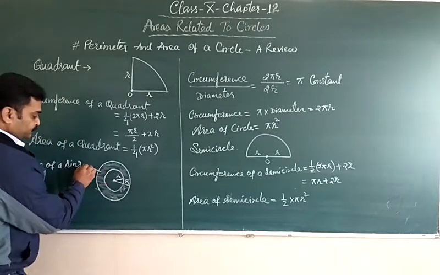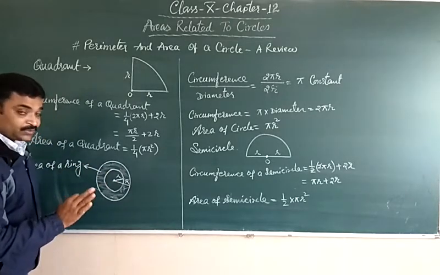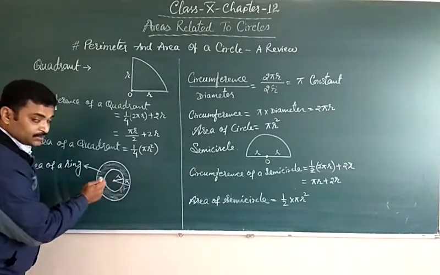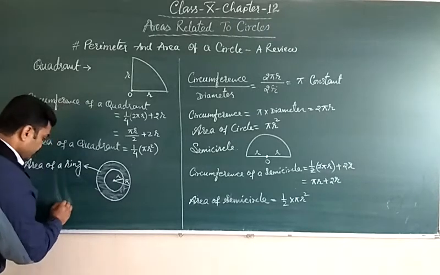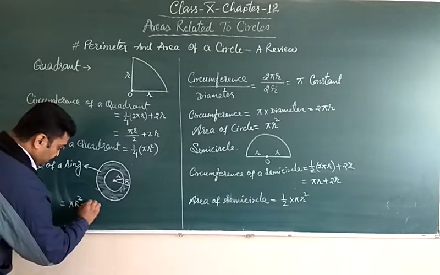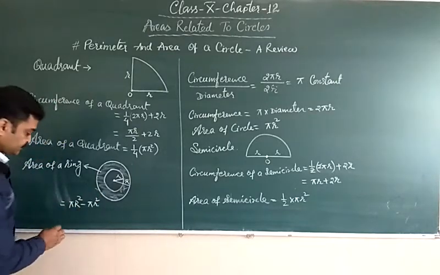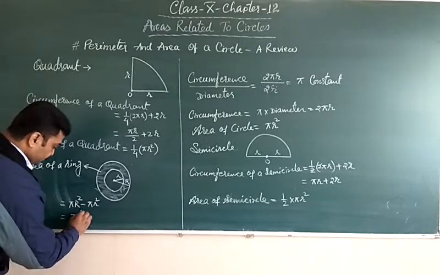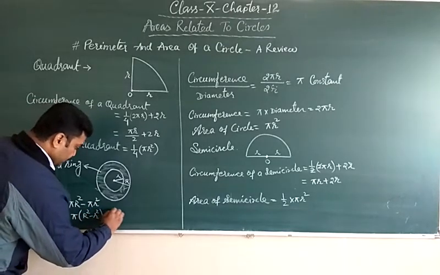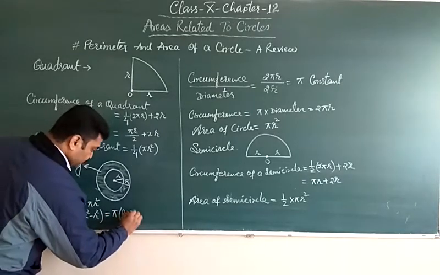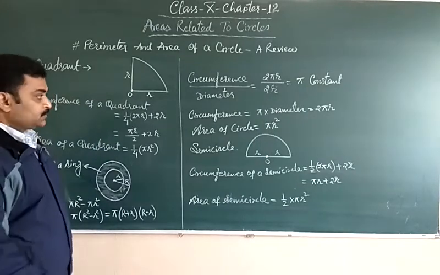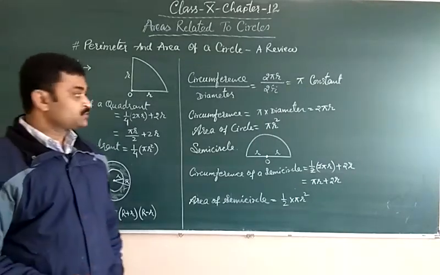This is the area of the ring. Okay, what is the formula? The area of the outer circle minus the area of the inner circle. So the area of the ring is equal to pi R square minus pi r square. Taking pi common, what remains inside? R square minus r square, or pi into R plus r and R minus r. Clear, students? So students, pause the video to note this down.